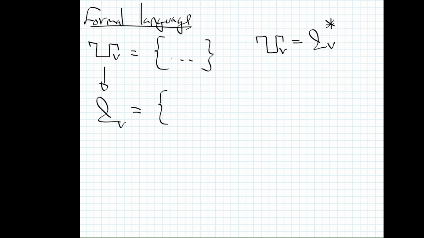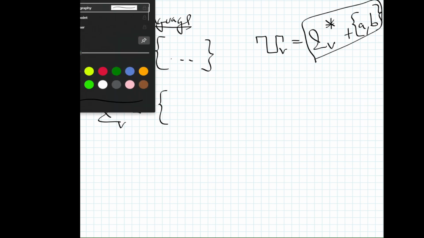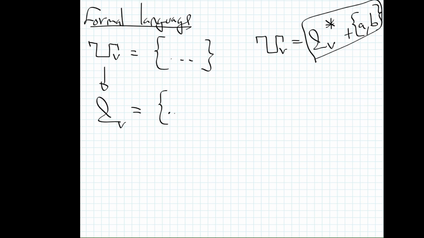But here's what we can do also. We can add terms to them. So let's say A and B, for example, two terms that we added in the assignment of a new vocabulary. So what we get is the exact same from here, right?